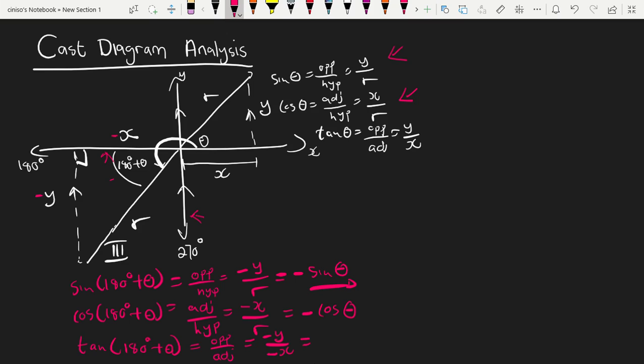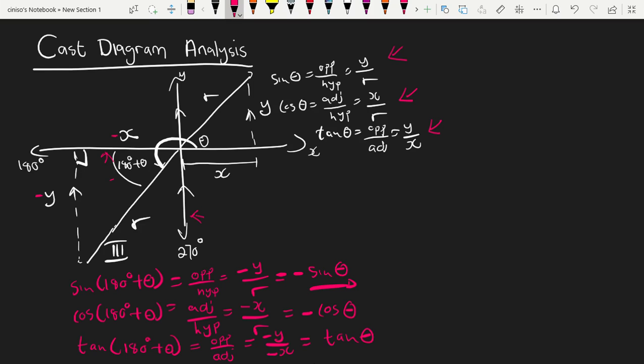See? So both are negative, making it positive. So going back to the basics, it's y over x. And in this case, the two negatives divide each other, making us have tan of theta. So this is how you reduce your angles using your cast diagram.